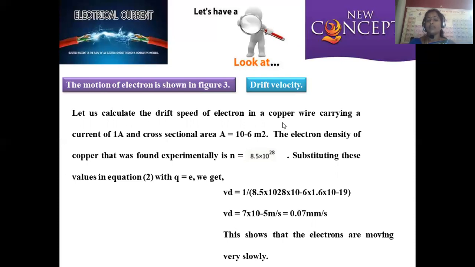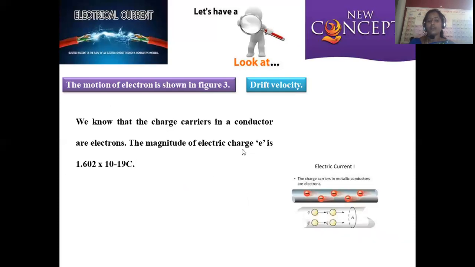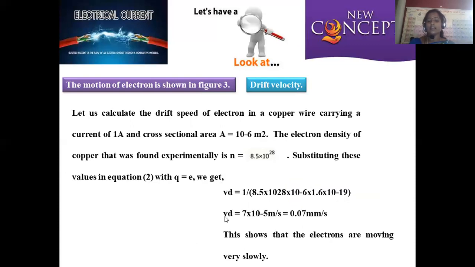That is the case where we are taking copper wire as an electrical conductor, and 1 ampere of current is able to flow through it, and the cross-sectional area is 10 to the power minus 6, and the electron density is n is equal to 8.5 into 10 to the power 28, and the electron charge is 1.602 into 10 to the power minus 19 coulombs. In that case, the drift velocity is 0.07 millimeters per second.